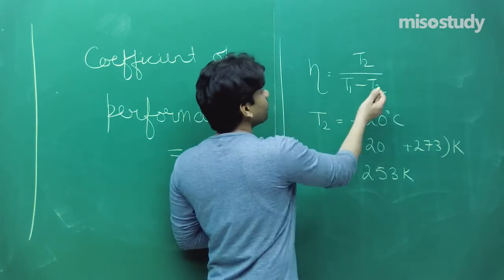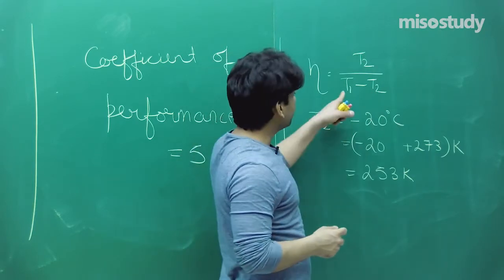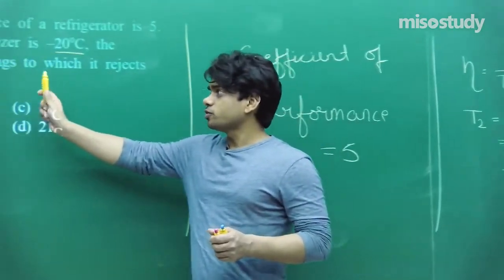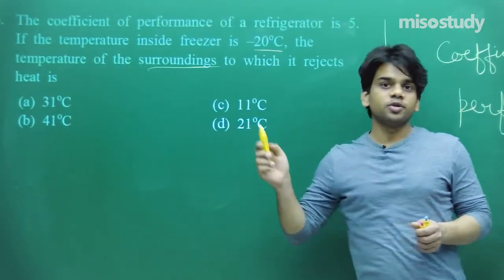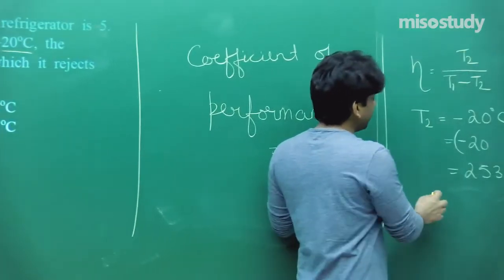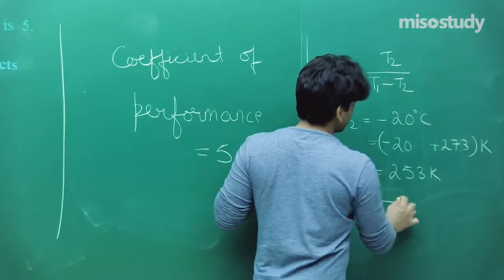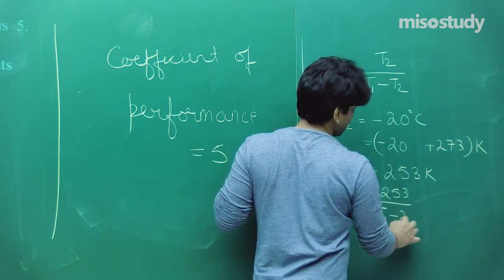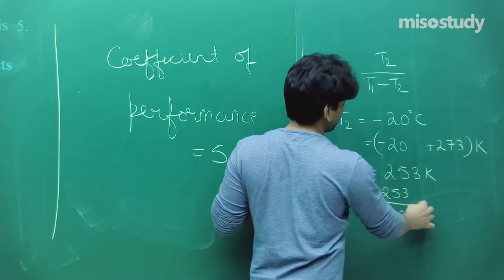Next you see T1 minus T2. T1 is the temperature that we need to obtain because we need to obtain the temperature of the surrounding. So T1 is required, the temperature of the surrounding. So finally eta is given as 5, T2 is 253, so 5 equals 253 over T1 minus 253.